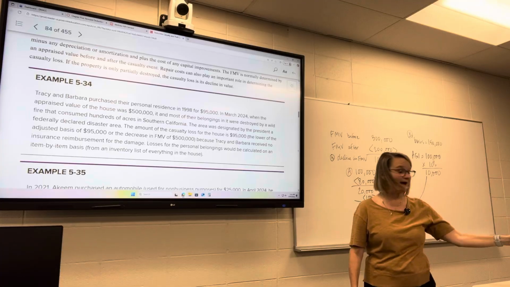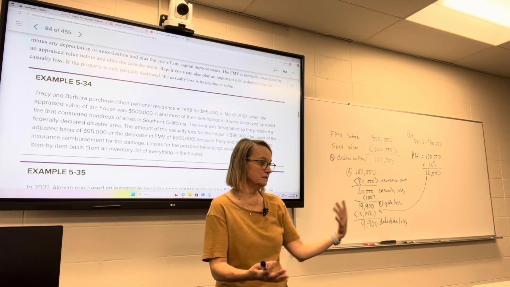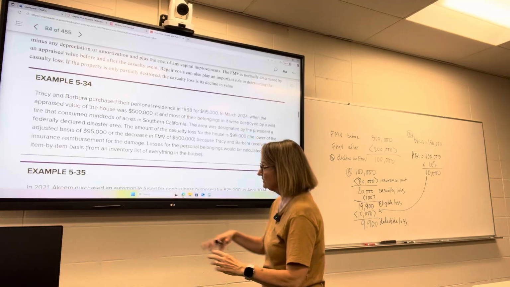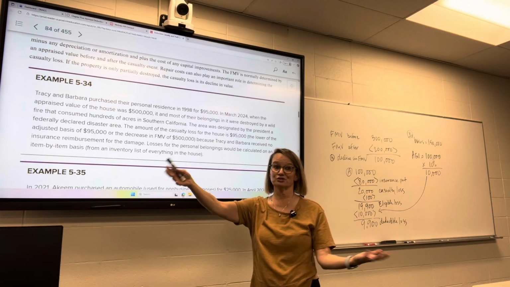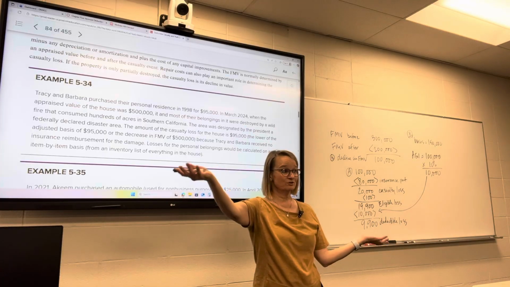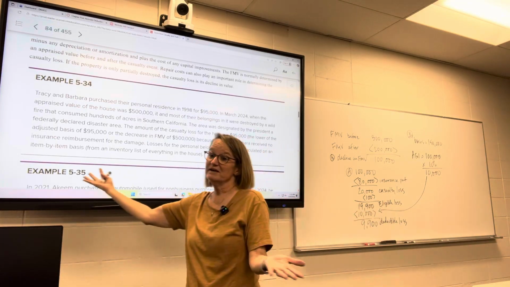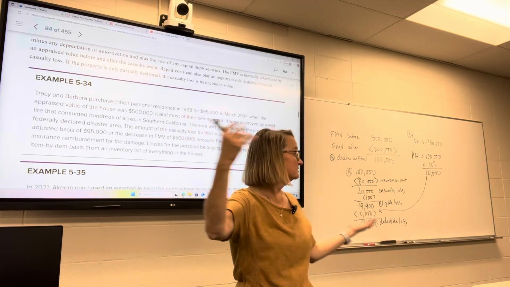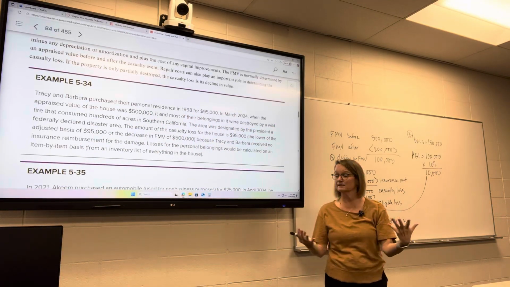So if they bought that house a long time ago and they didn't pay that much for it, at least in today's dollars, that's going to be the amount that we take. So $95,000 minus any insurance reimbursement that they receive. Chances are, because the fair market value of that house was $500,000, they may have gotten a check for $500,000. That means they're subtracting that from the $95,000 loss. They don't get anything here.